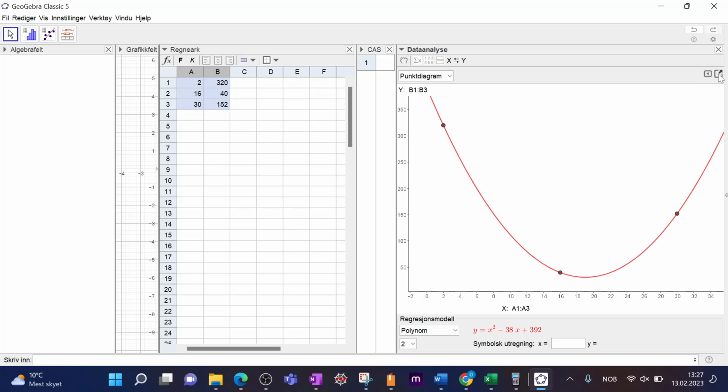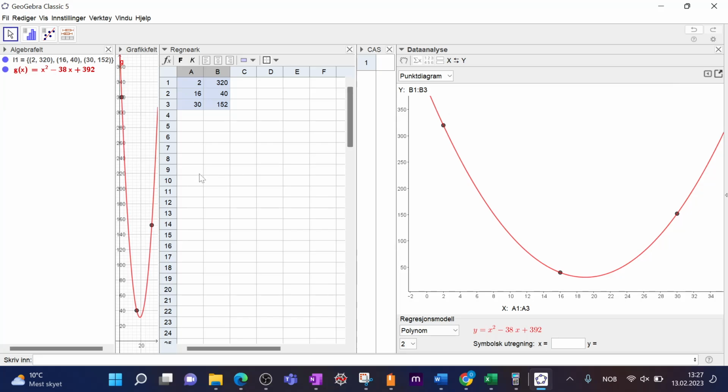So it's usually a button like this. It's also in a newer version, right? Where you can sort of copy this to the graphics field. So click this button, kopier til grafikkfeltet. And now it pops up over here, right?